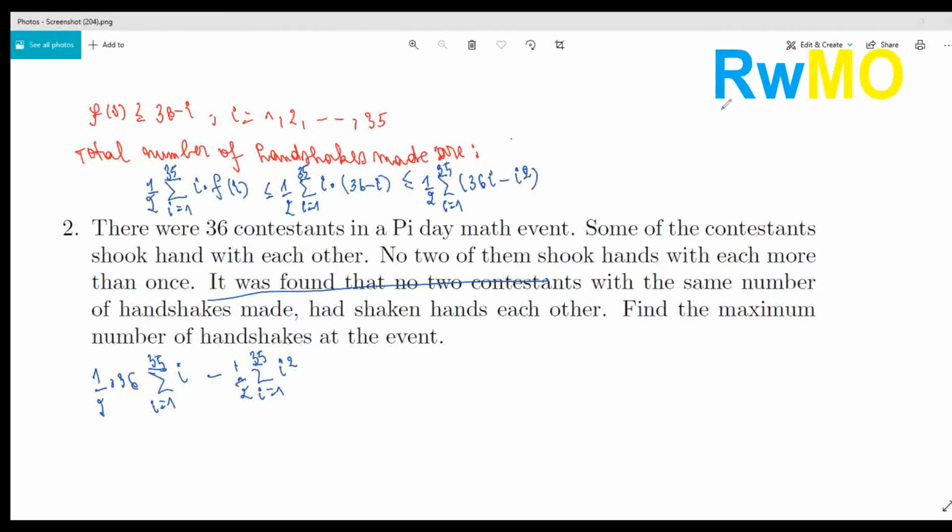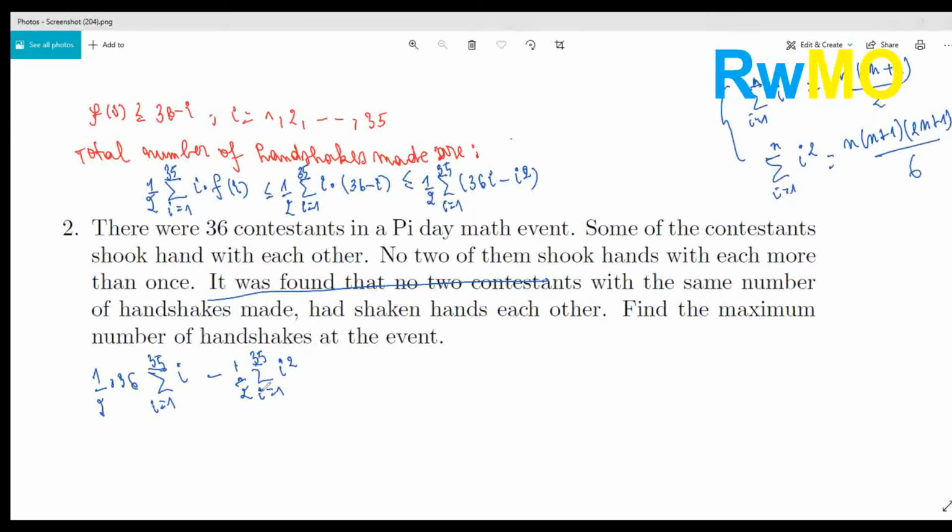We know the summation of i going from 1 to n is n times n plus 1 divided by 2, and the summation of i going from 1 to n of i squared is n times n plus 1 times 2n plus 1 divided by 6. I'm not going to do all the algebra.